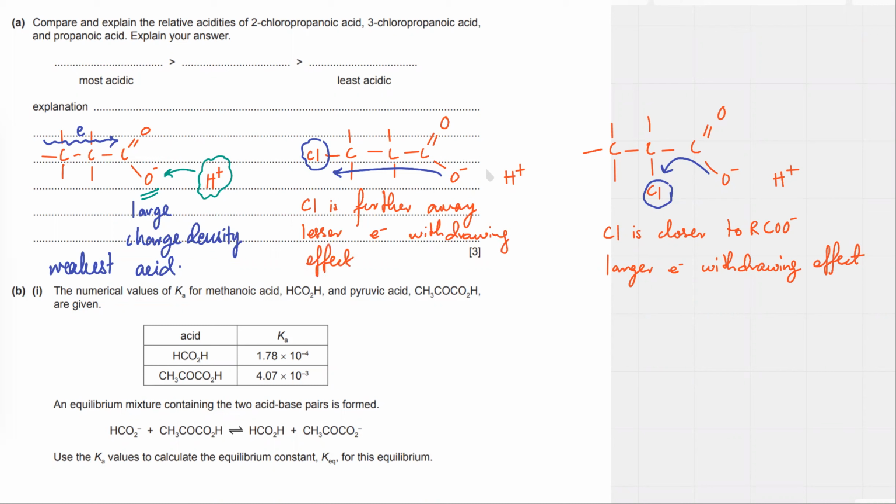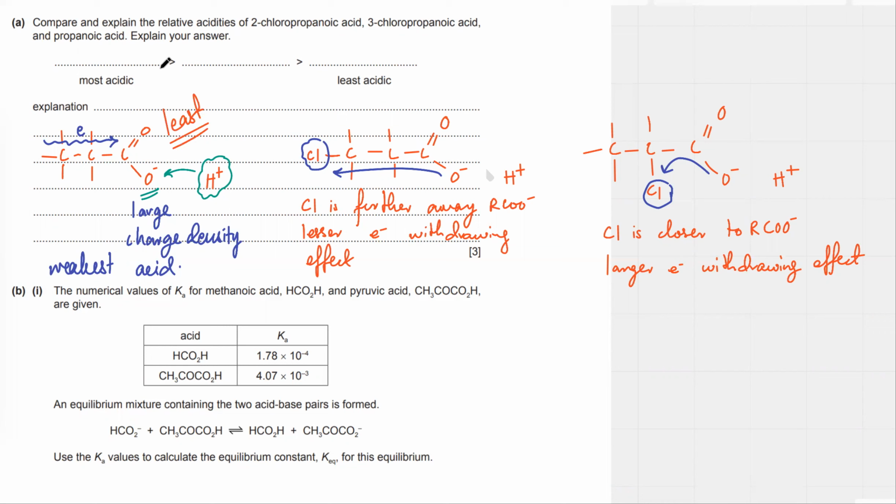So it's further away from the RCO minus 1 group. Anyways, so this is the least acidic, क्योंकि इसका negative charge बहुत ज़्यादा है, ठीक है? So it's the least acidic.